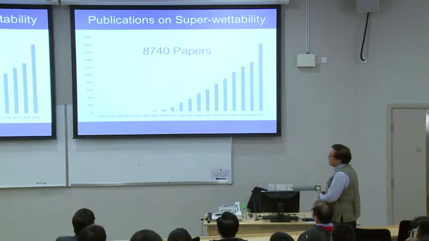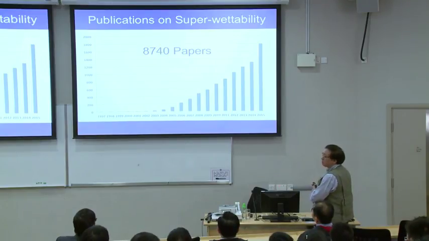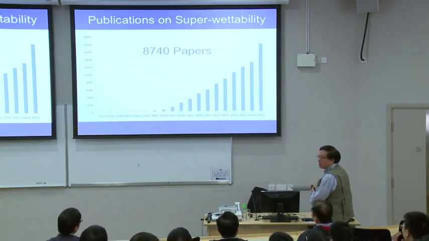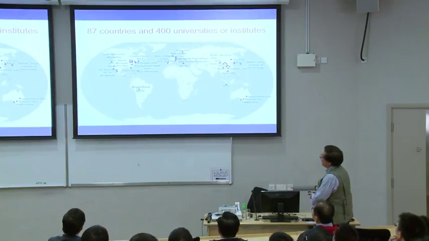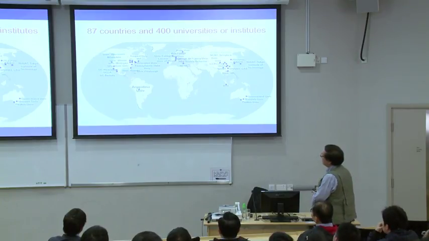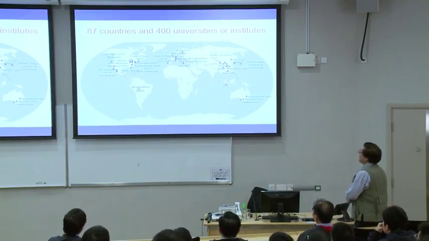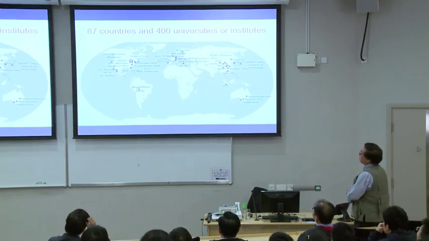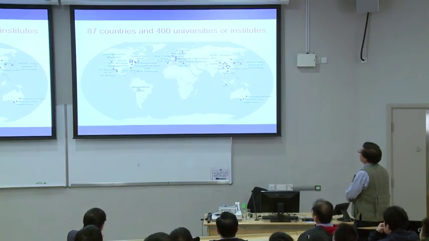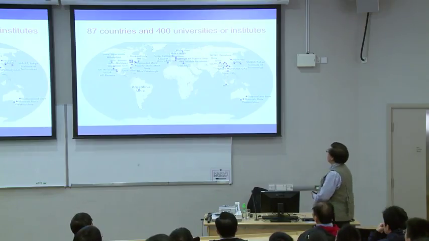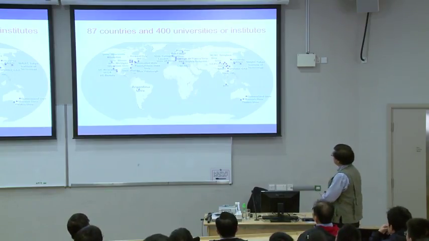Last year, around 1,800 publications came from all over the world, from 87 countries and 40 university institutes joining this field, including Harvard, MIT, some universities in the UK, the University of Tokyo, so many, and Hong Kong also.